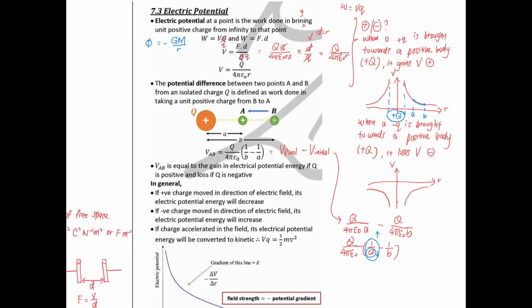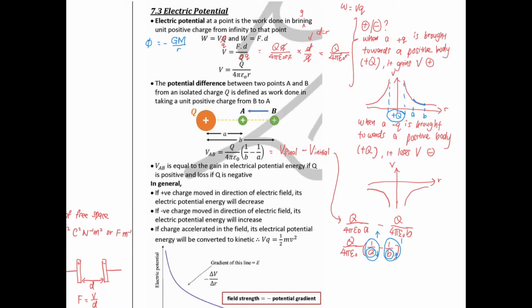Compared to this, 1 over B, B is further away, so B should be a greater value. When you take 1 divided by a big value, you should get a small answer.